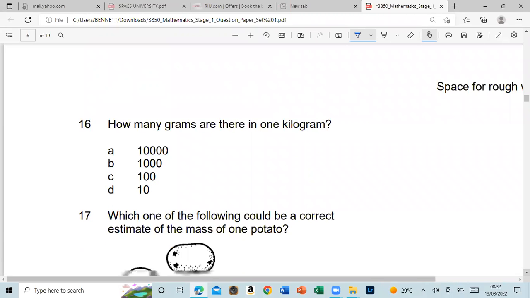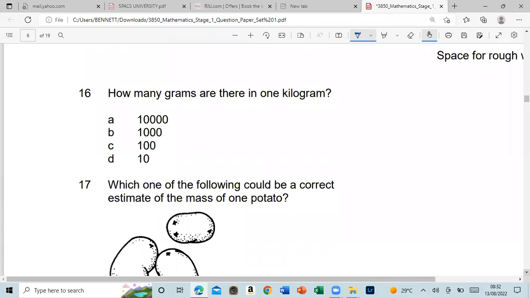All right. How many grams are there in 1 kilogram? 1,000. So that is basic. So 1,000 grams, kilo means 1,000, right?